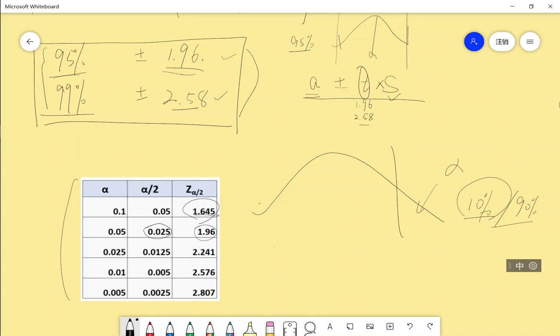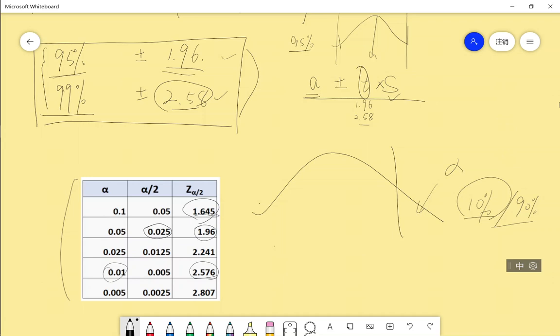And of course, if you are dealing with 99%, it is this number: 0.01 alpha, and you get a z-score of 2.576. Most of the time, we just write 2.58, which suffices.